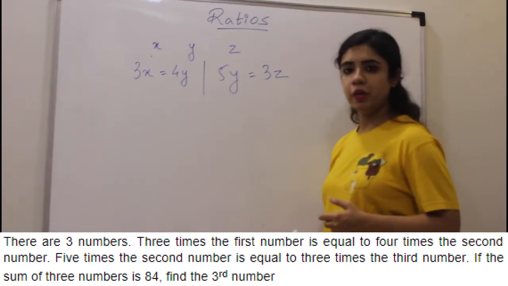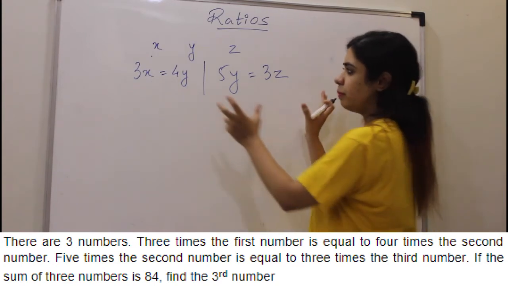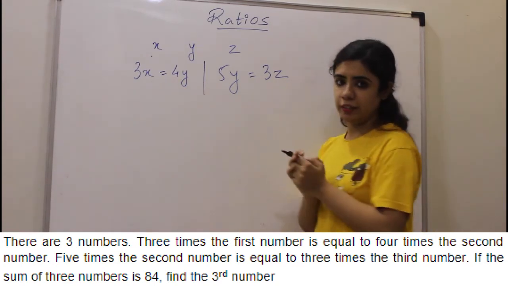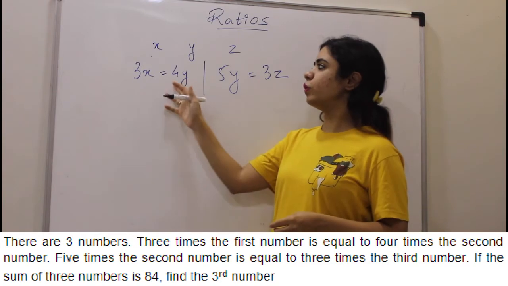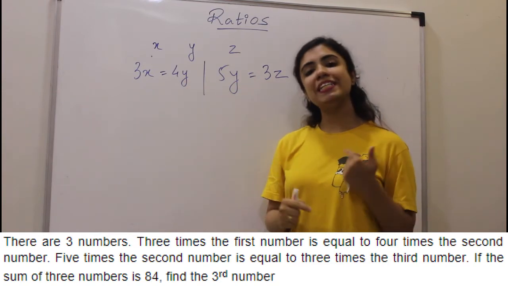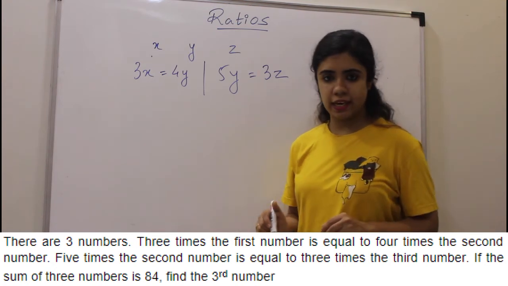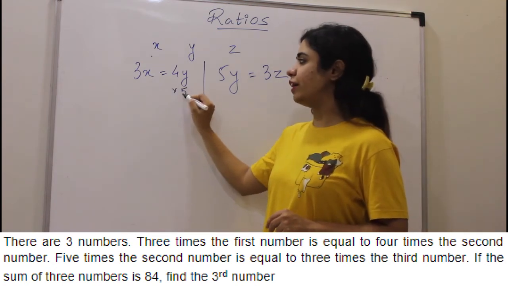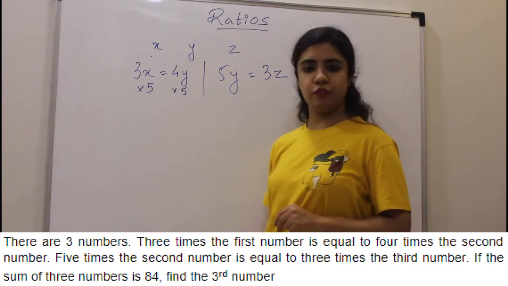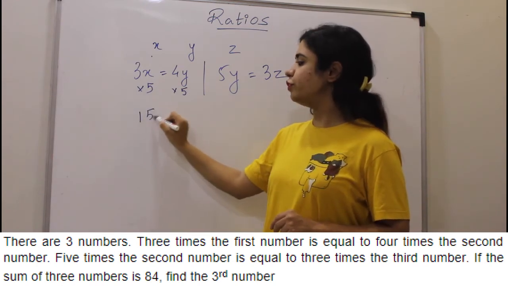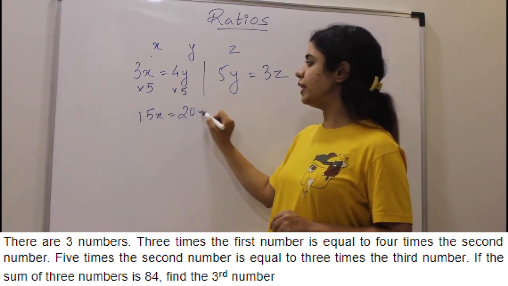Now what do we do? Your first task is to combine x, y, z together. Okay? So this is 4y and this is 5y. We'll take the LCM of 4 and 5. So the LCM of 4 and 5 is 20. So I multiply this with 5, so this will also get multiplied with 5. Okay? So this will become 15x is equal to 20y.